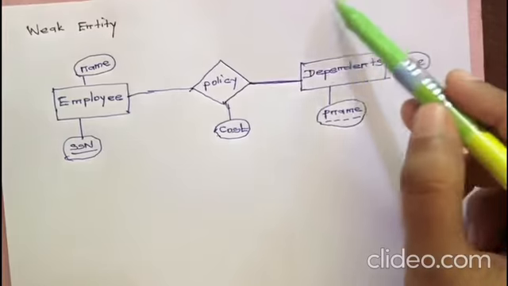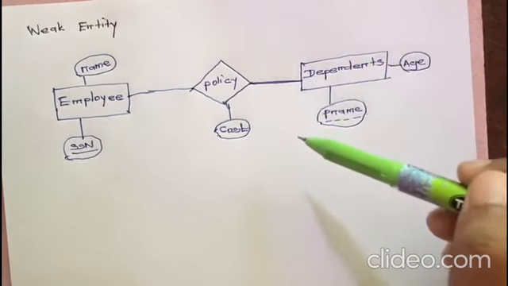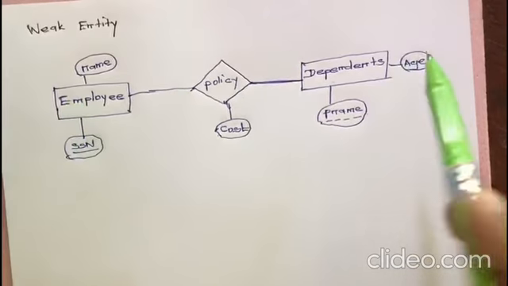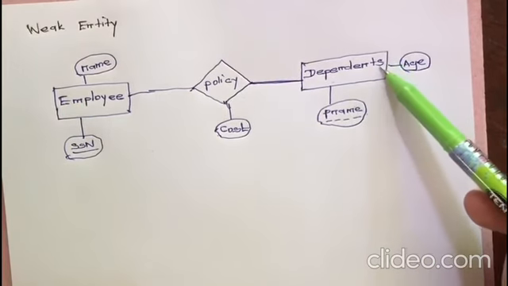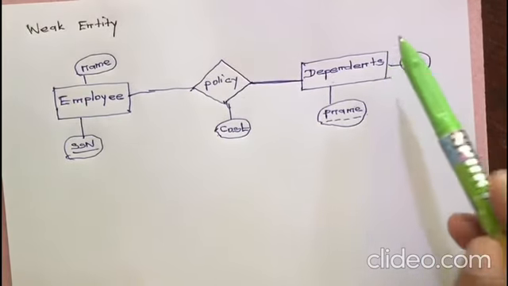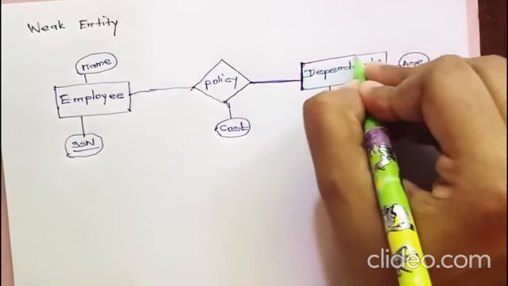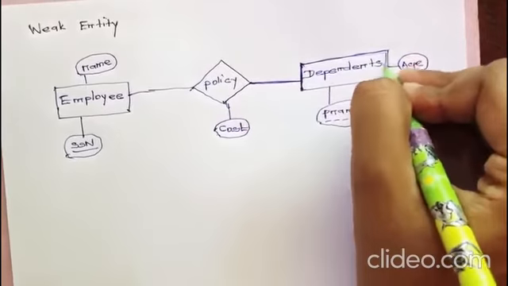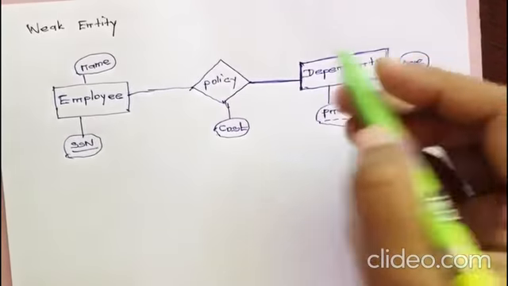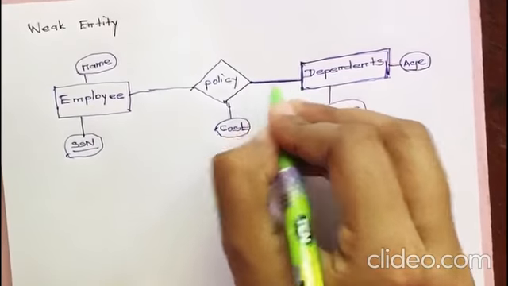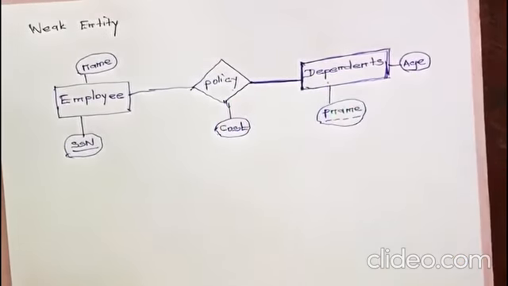We need to uniquely identify the instance using the SSN of the employee and the pname of the dependents. So here we use dark lines around dependent and the dark line between policy and dependents.